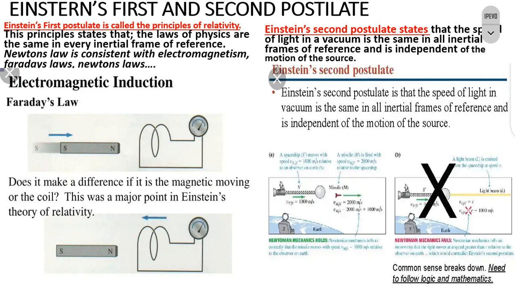It does not change, and it's independent of the motion of the source, and it has nothing to do with the motion of the source producing it, whether it is a jet or a rocket or a bus. Okay, let's continue.